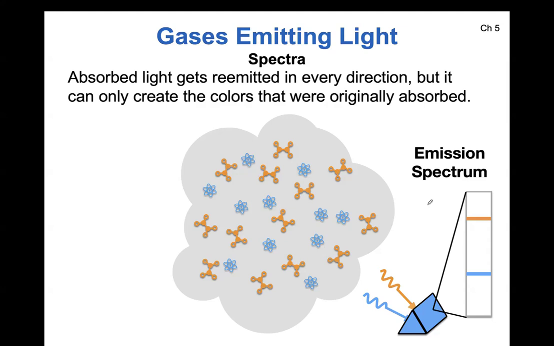So at this point, we have seen all three types of spectra that we will discuss the entire summer. We've got continuous spectra produced by black bodies. We've got absorption spectra produced by gases that are absorbing light.